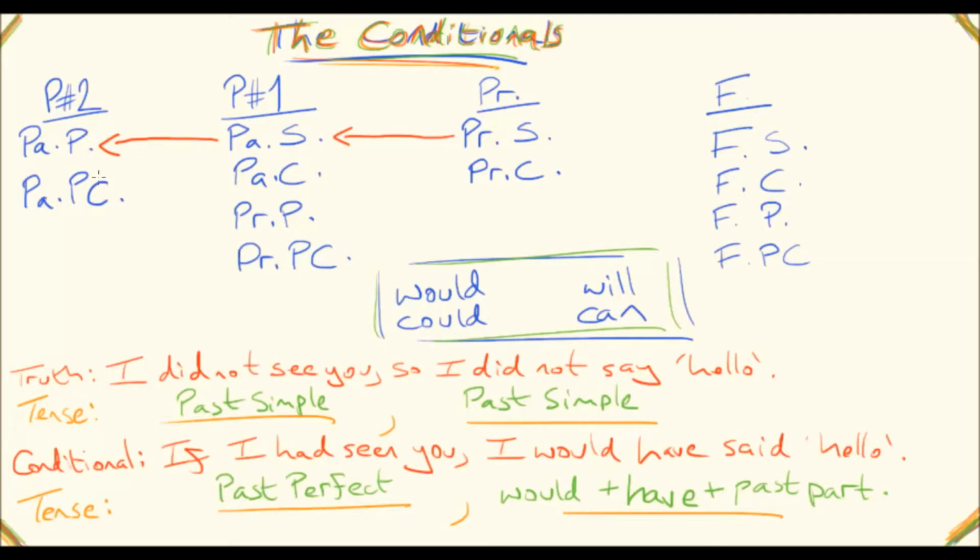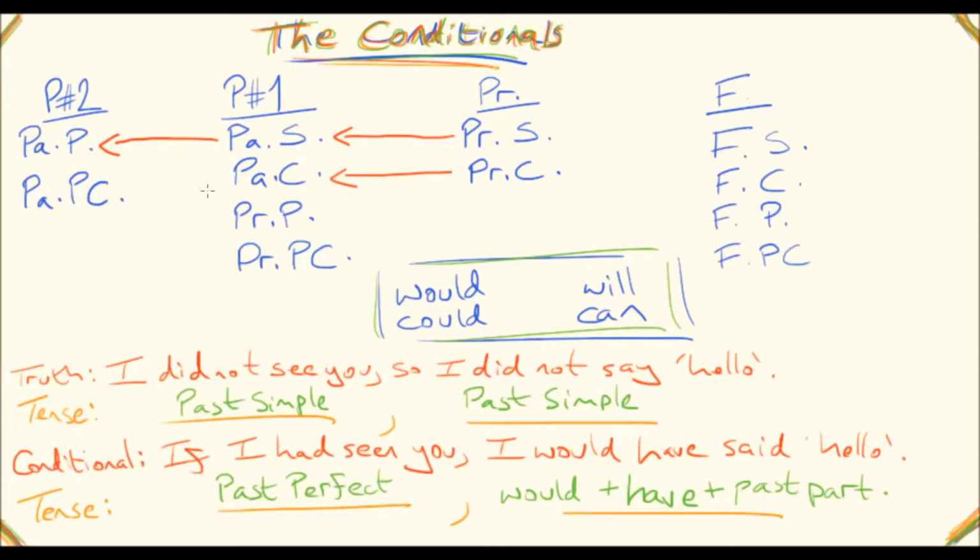And in fact, if we complete this diagram a little bit more, if the truth is in present continuous, so for example, I am recording this lesson, we actually jump back to past continuous. If I was not recording this lesson, I would be sitting on the beach, for example.